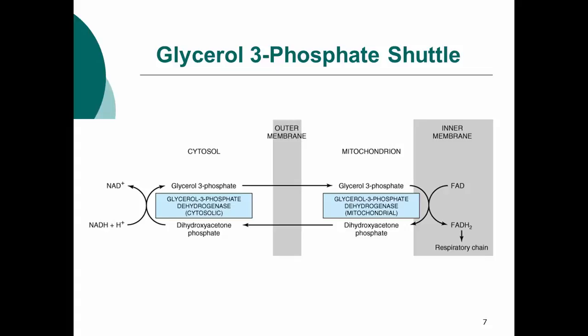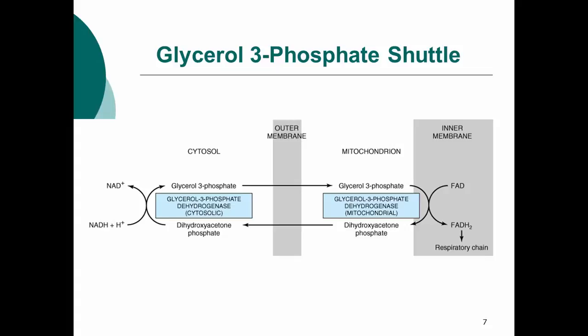The first shuttle system is called the glycerol 3-phosphate shuttle. NADH is generated through glycolysis in the cytosol. Again, NADH itself is not membrane permeable, so it's not able to cross the mitochondrial membrane by itself. It requires a shuttle system to help its transport into the mitochondria. First of all, NADH gives its electrons to a molecule and converts it to glycerol 3-phosphate, right?